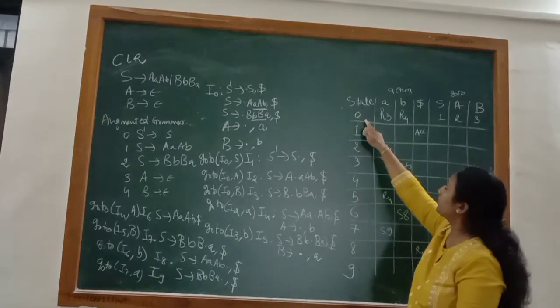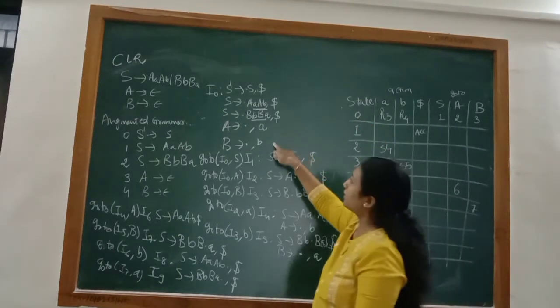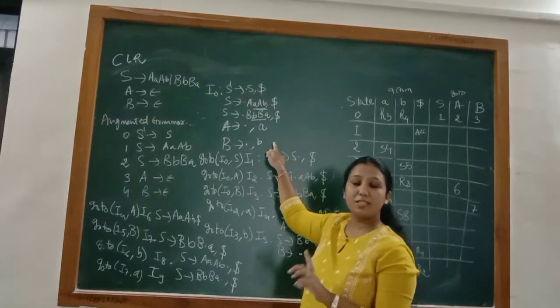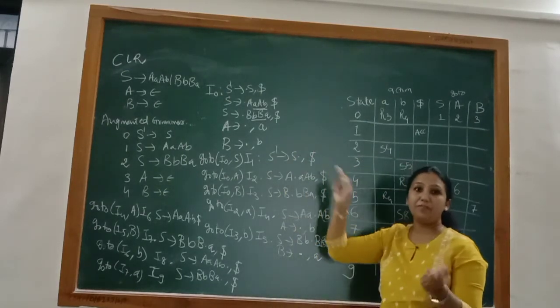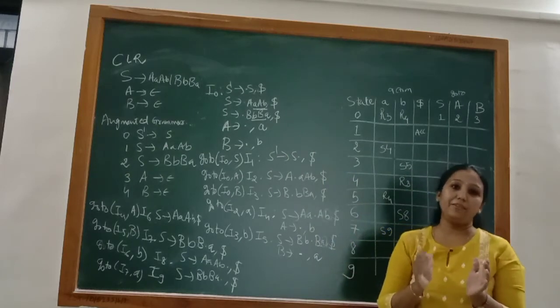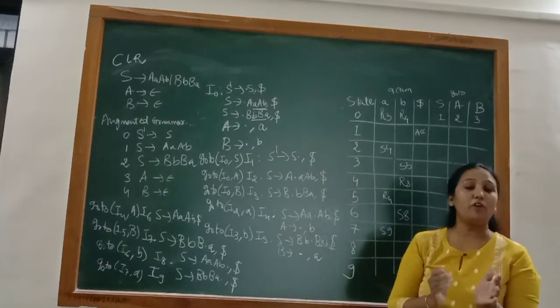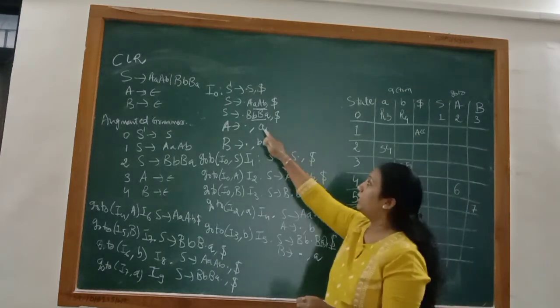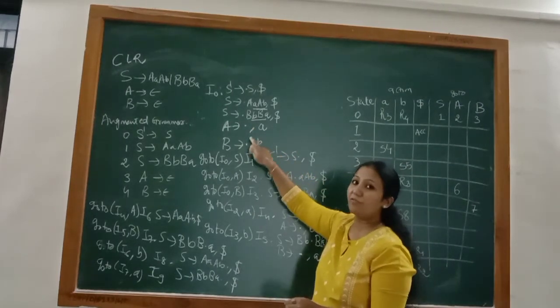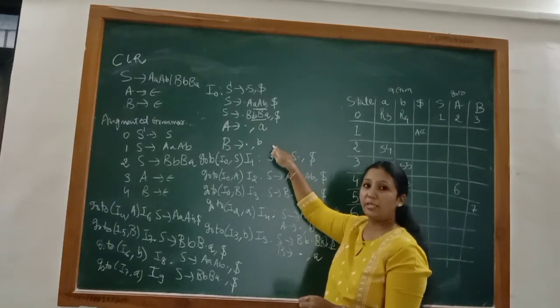Just see in state 0, two productions are completed. Now this is the difference. In the previous case, in SLR, the reduce entry was made in the follow of the left hand side non-terminal, but here the reduce entry is made in the look ahead symbol.